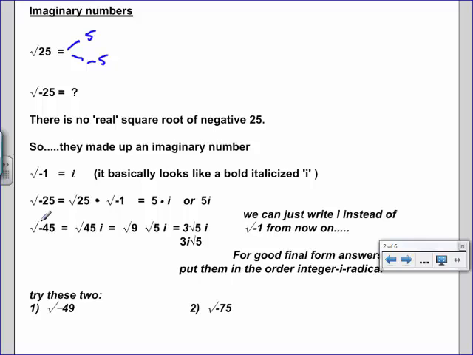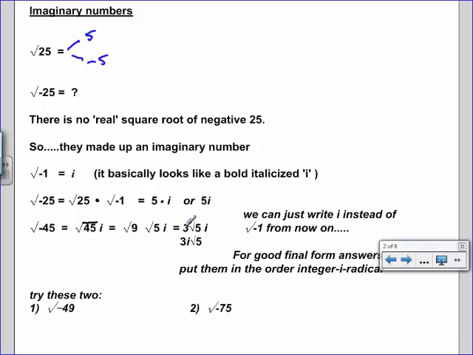If you have the square root of negative 45, well, instead of writing out this step every time and writing the square root of 45 times the square root of negative 1, we can simply write the square root of 45 i. And again, we have to do the simplifying that we learned in the past. 45 can be broken into square root of 9 times square root of 5.